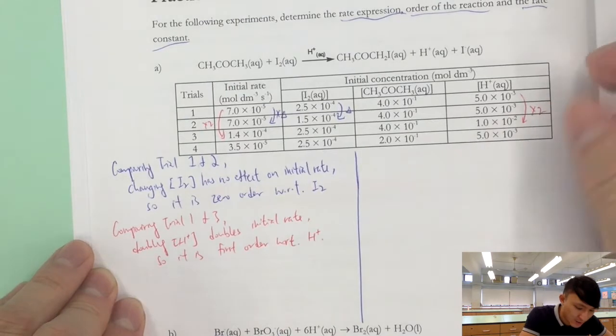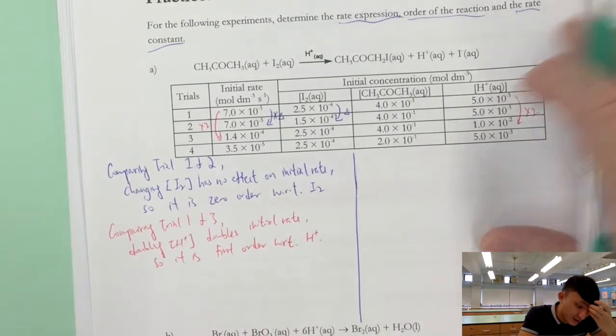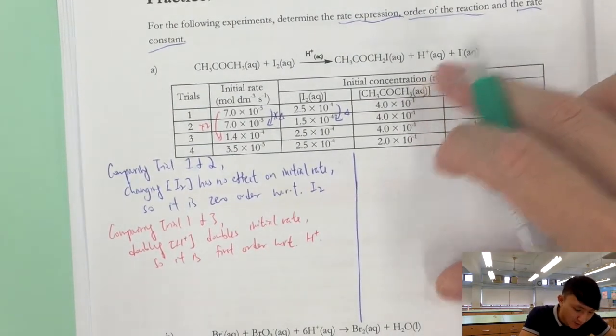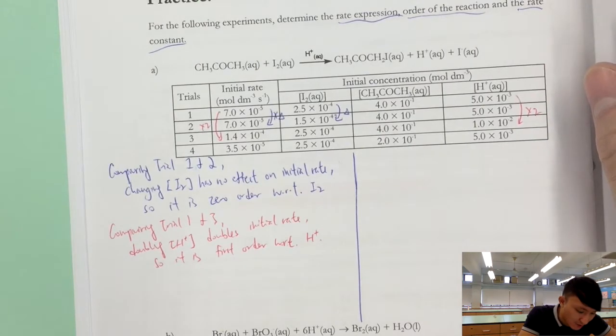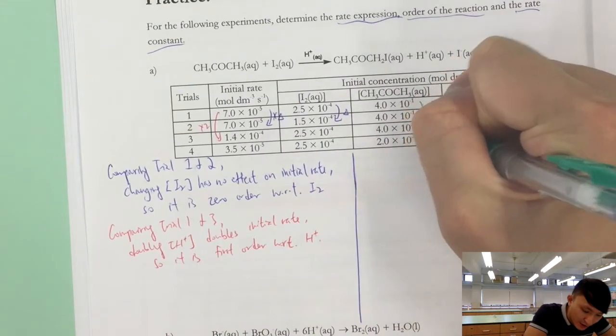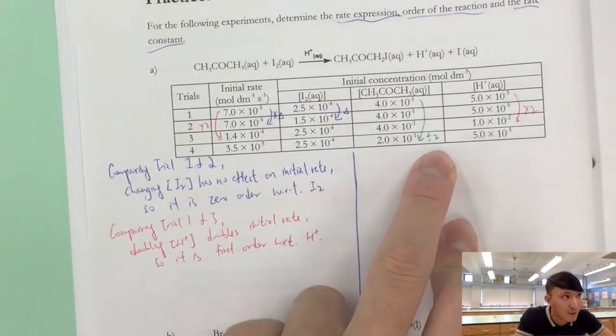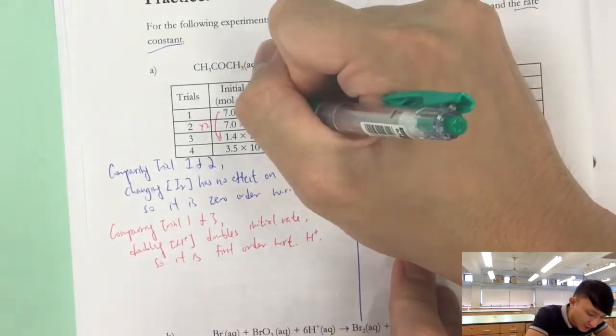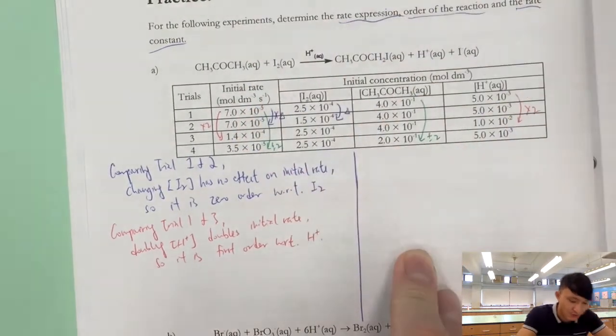Now, the last one, we want to look at the ketone, the propanol. So I will be looking at trial 1 and 4. You notice that this one, the concentration is halved, and the initial rate is also halved, right?